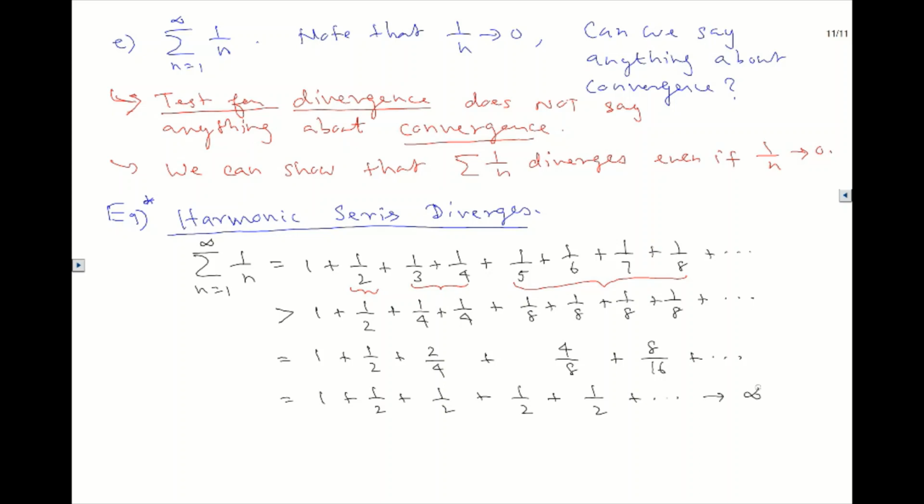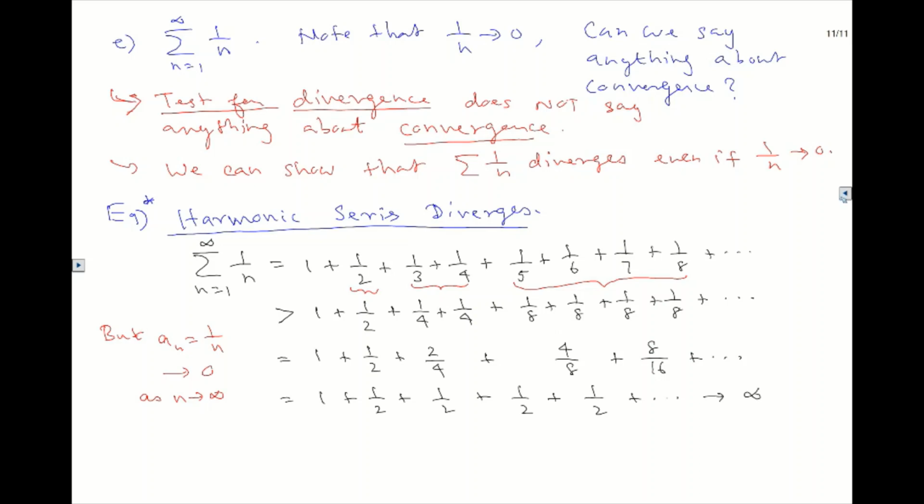So the original sum also has to go to infinity, because this is the smaller one, which goes to infinity. But you can still see that a_n, which is 1 over n, goes to 0 as n goes to infinity. Even though the terms go to 0, when you add enough terms, the sum can be larger than any number you like.